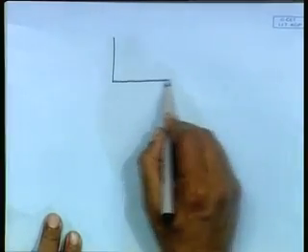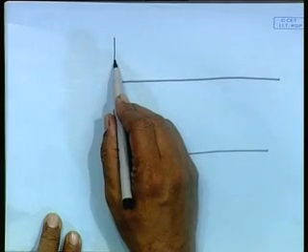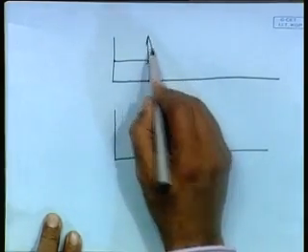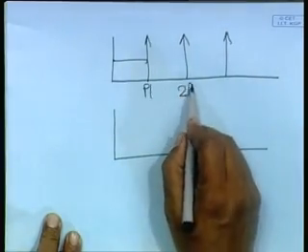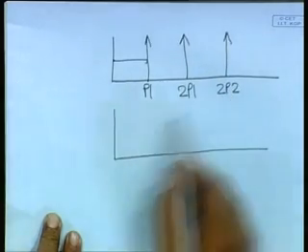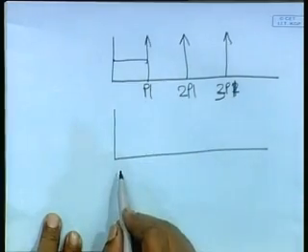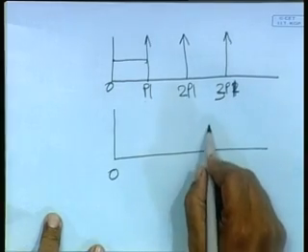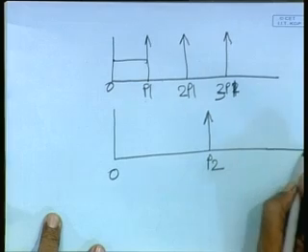Let us consider two tasks, P1 and P2. P1 occurs like this: P1, 2 P1, 3 P1 from time 0, and let us say this is P2, then 2 P2.